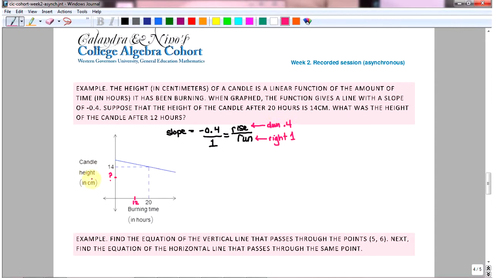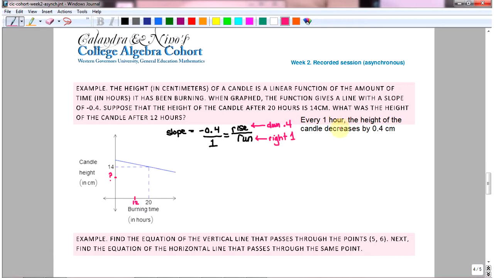Well, the y represents the height of the candle in centimeters. So what the slope tells us is that every 1 hour the height of the candle decreases by 0.4 centimeters.